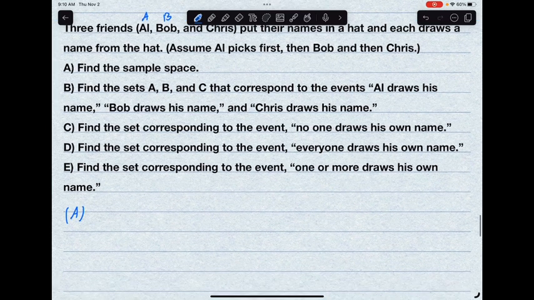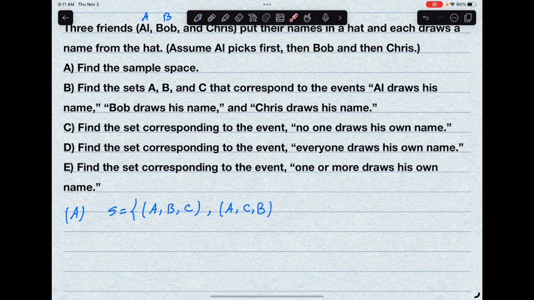So what is this? The sample space S would be A, B, C, or A, C, B. What does it mean?